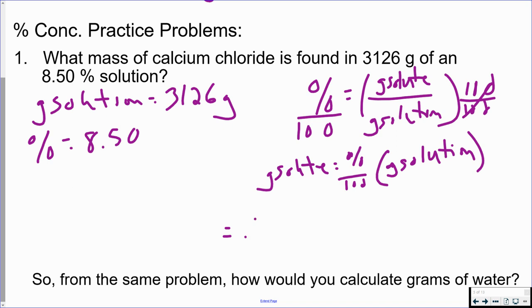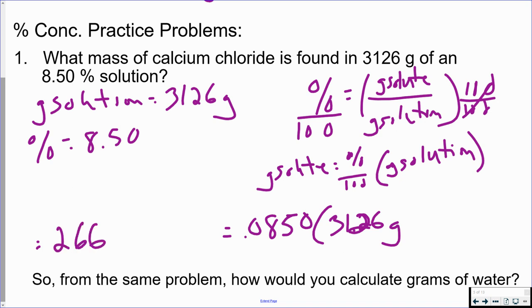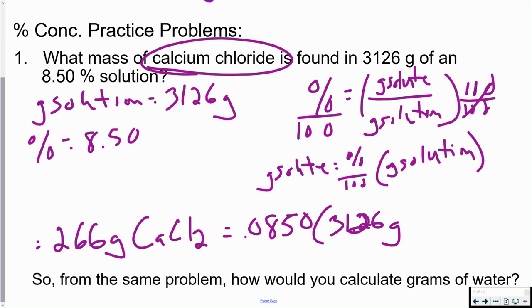So that's going to give us 0.0850 times 31.26 grams, giving us a nice total of 2.66 grams, and the solute is calcium chloride, so that is CaCl2.